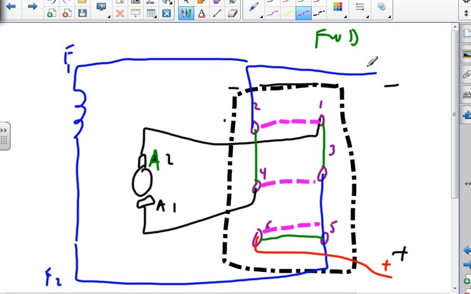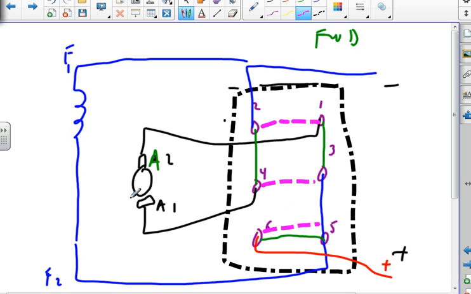So F1 is connected and A2 is connected. Okay, and F2 and A1 should be connected. Okay, there's F2, there's A1. Okay, so now I did it right.